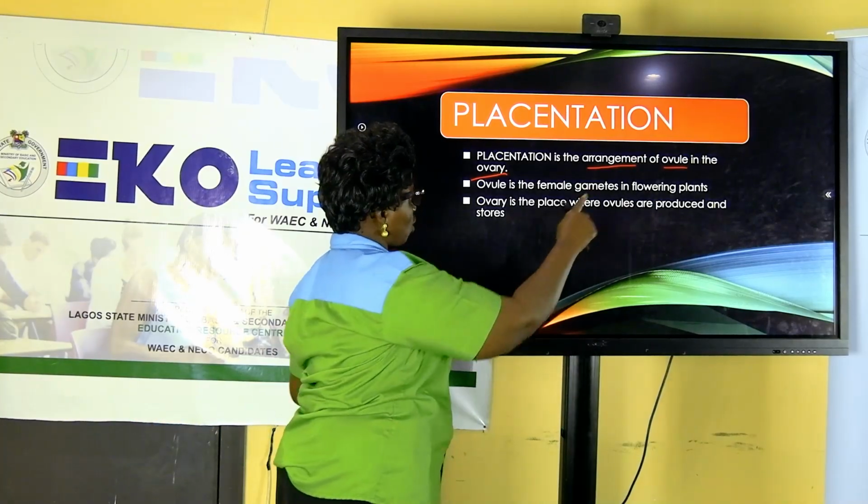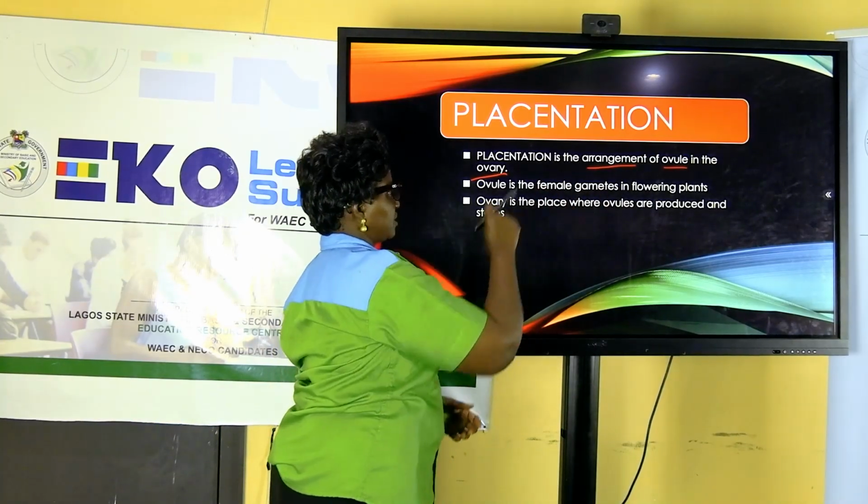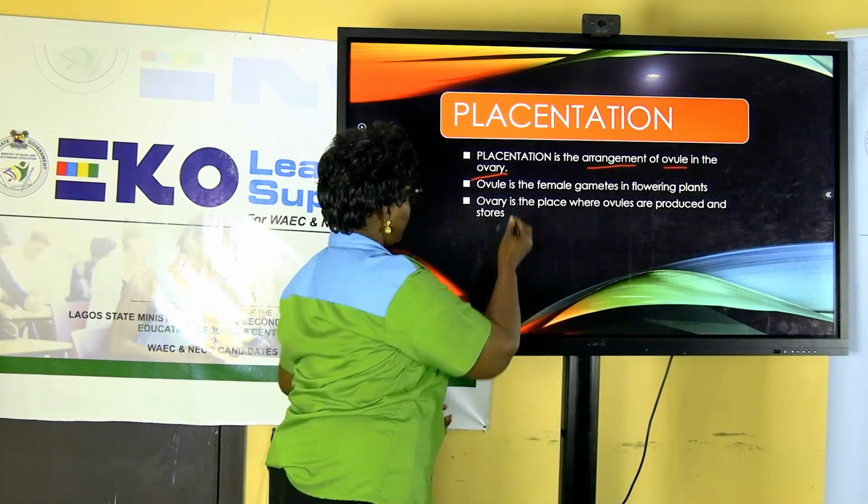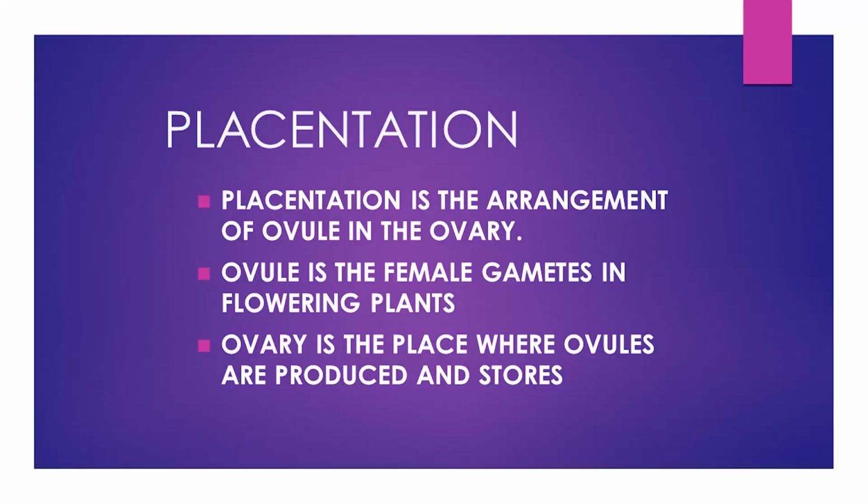So arrangement of ovule in the ovary is known as placentation. It is stated here, ovule is the female gamete in flowering plants, whereas ovary is that part of the plant where the ovules can be found.